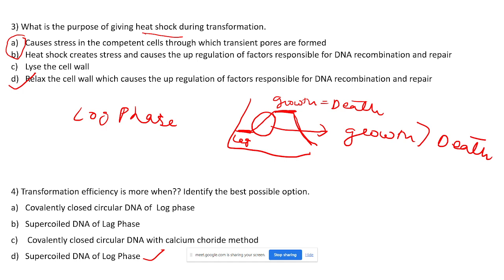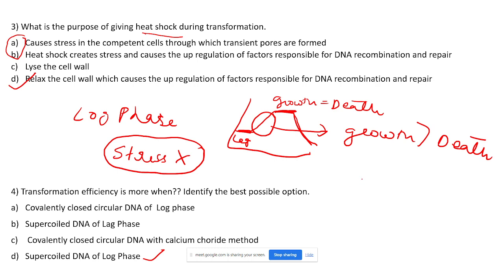So you have to understand one thing: first thing, you cannot give stress to your competent cells, because your competent cells are already under a lot of stress, since you have taken them out from minus 80 and you are moving them here and there.